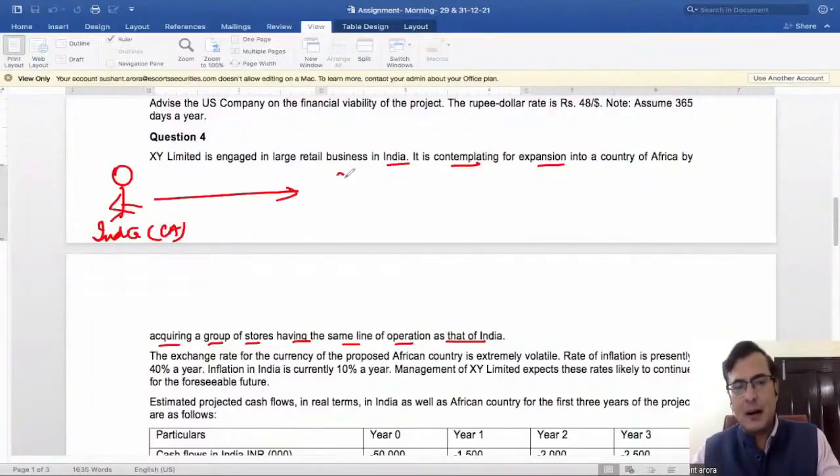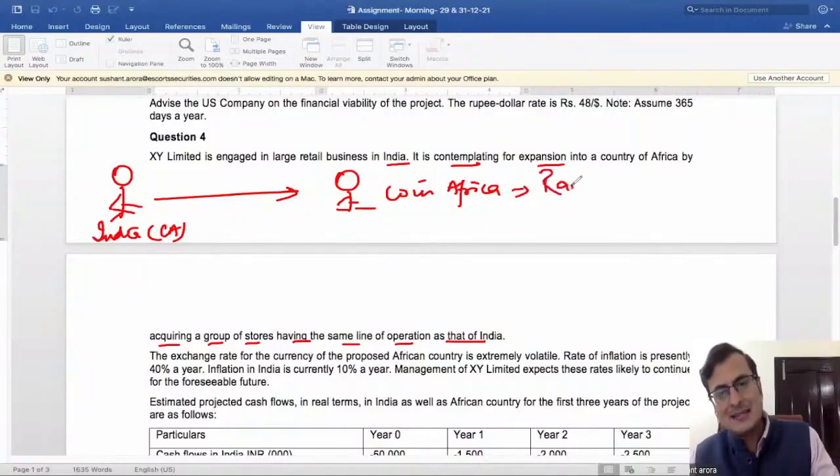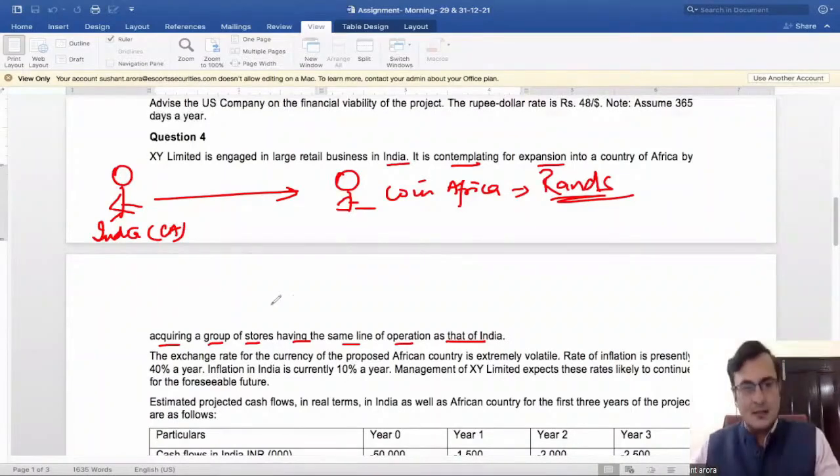Now they are setting up a company in Africa. So there the currency is called rands. So this is clear.